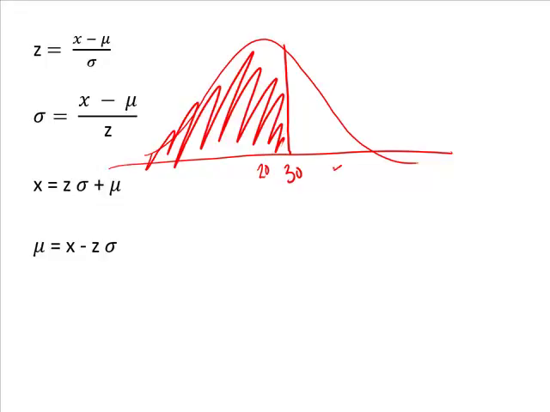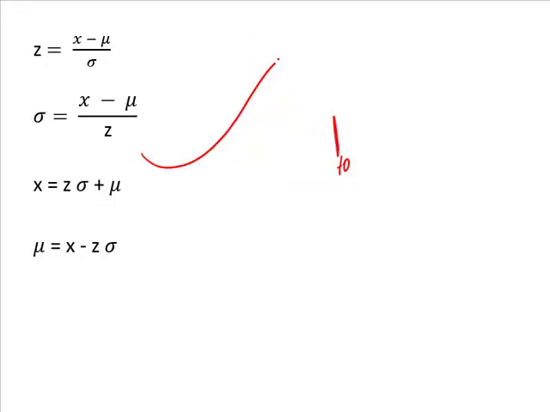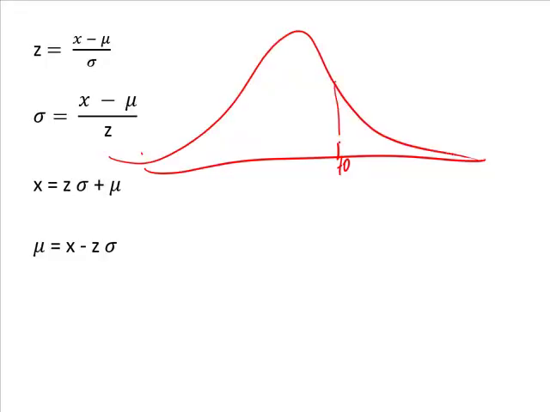So let's say I have a number that's 40. All right? So I need to find the area more than 40, so I need to find this area on this side. But that's not what the chart does. Right?